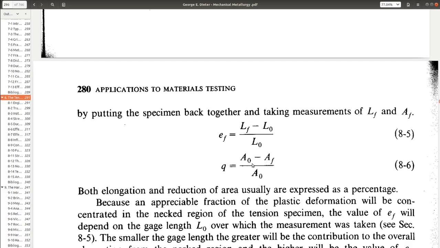So A0 minus AF by A0 shows the ratio of the change in the cross section. That is also a good measure of ductility. So we could use either this one or this one.